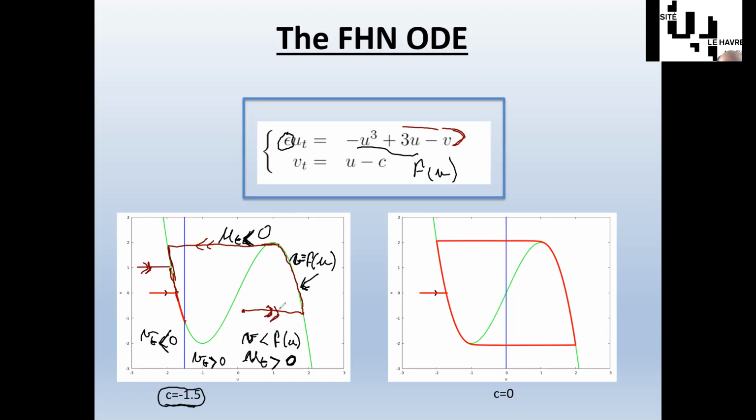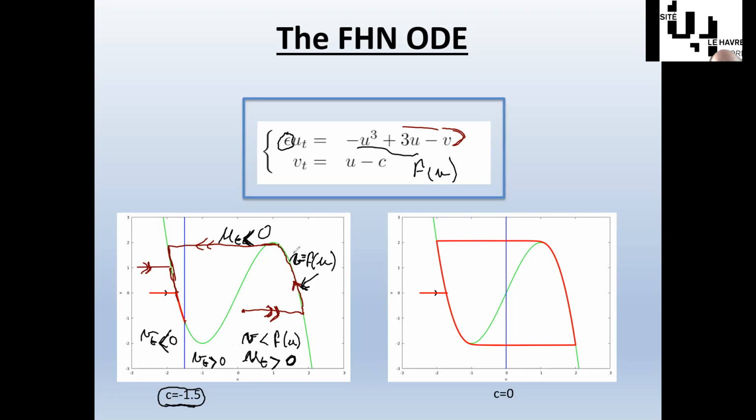So here, because of the presence of epsilon, it is very fast here, then it's slow here, then it's fast, then it's slow, right? So we have basically two time scales. When we are outside this curve, the trajectories are fast.